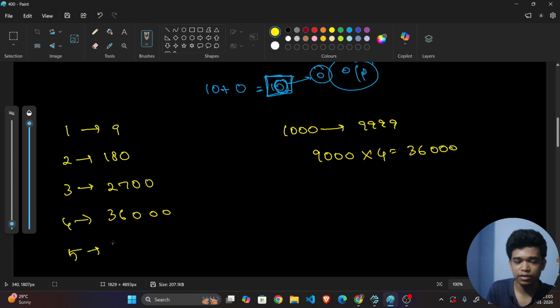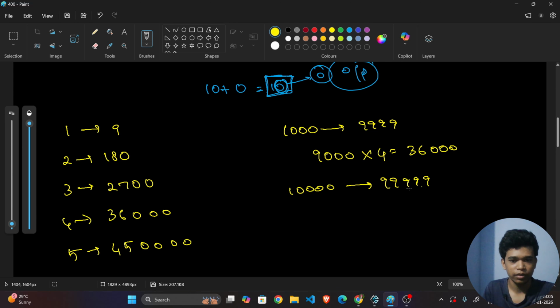So for 5 digit numbers, it will be 45000. Can you understand this? Because it will be starting from 1 followed by 4 zeros, up to 5 nines, right? Now how many numbers are lying?